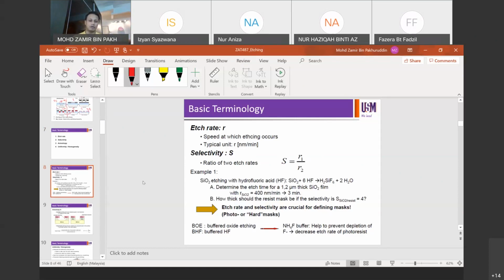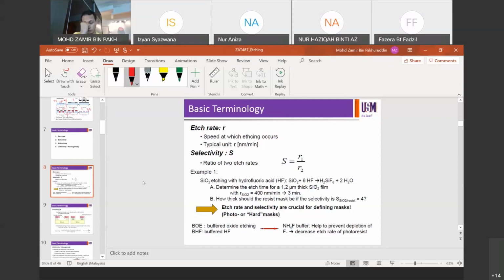Selectivity is the ratio of etch rates. For example, for SiO2 etching with hydrofluoric acid, when you want to remove your silicon dioxide, you can do that by HF etch or HF dip. So it's about the selectivity of the etchant towards SiO2 and silicon.